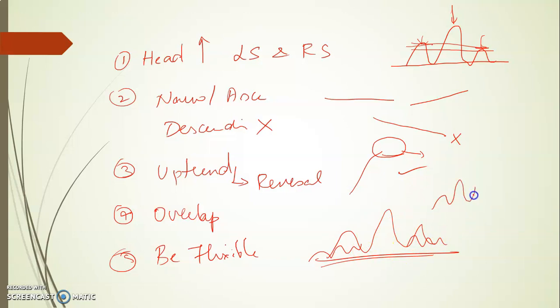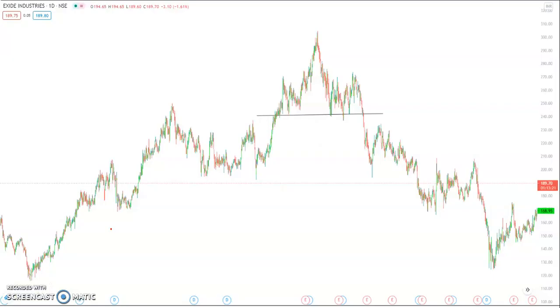Or sometimes here it will be only one, here it will be two, or here two and here one. These kinds of setups will also be considered a high probable head and shoulder pattern. If we follow all these 5 steps, then you can find the high probable head and shoulder pattern. So we can see examples which satisfy all these conditions.